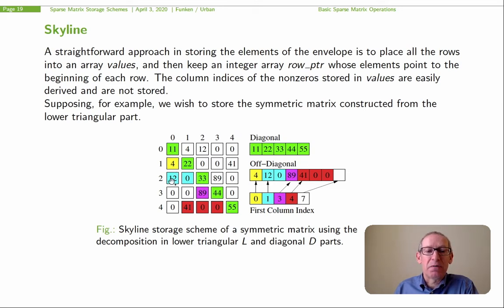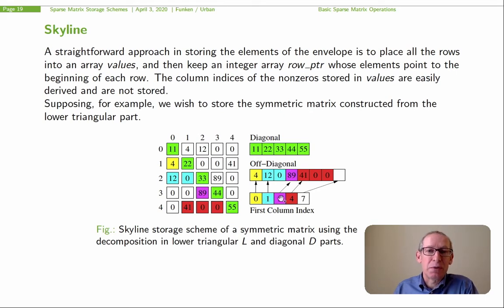So the 4, here it's 1, here it's 1, this index 0, indexing 0, 0, 2, and 1. We can get it directly from our first column index. We know, okay, we have all the entries from 0 as long as the index is less than 1. Here we start by 1 and we increase the index so long as the index is less than 3.